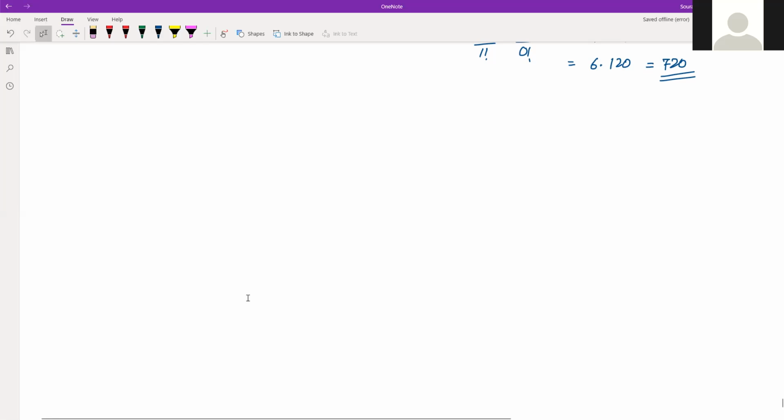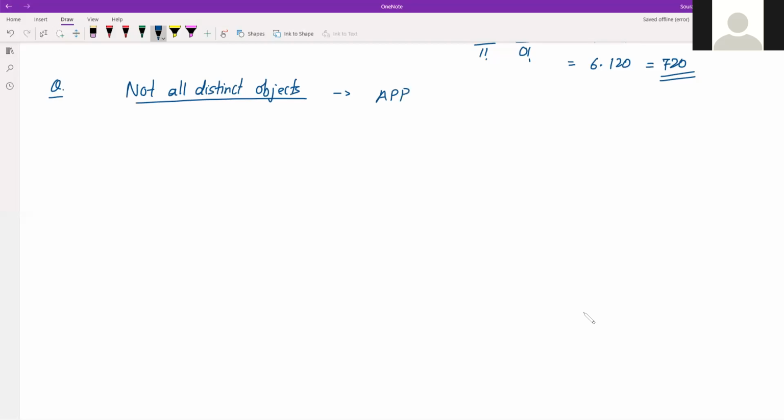Okay, one minute. Those cases where we don't have distinct objects, right? For example, I think Vedamsh has given us this, Apple.